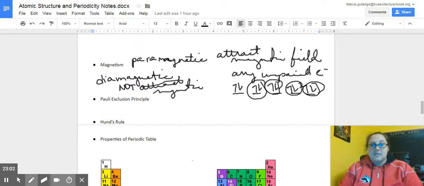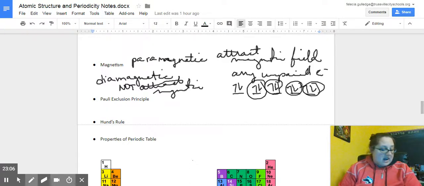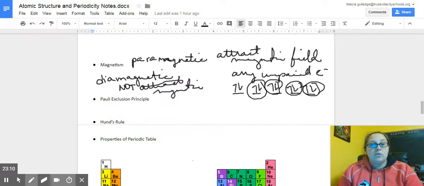The next thing is the Pauli exclusion principle. So I'm just going to slowly say this, you can write it out. The Pauli exclusion principle says no two electrons in an atom can have the same set of 4 quantum numbers. Now, personally, I don't know why this is still in AP because they took out quantum numbers.